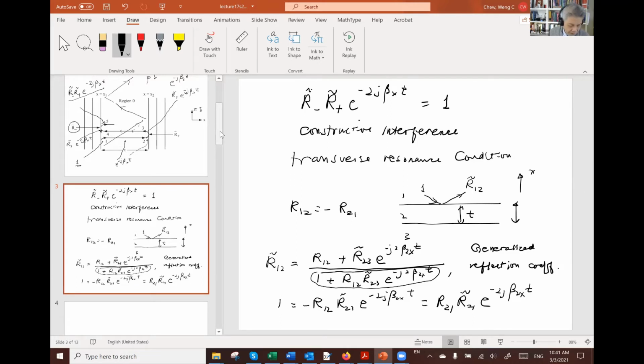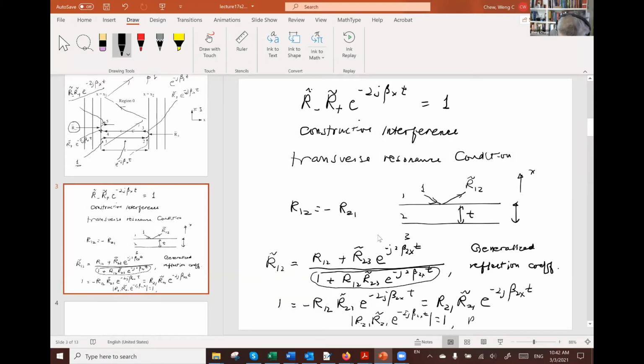Okay, are there any questions on this? And you can easily see that in order for this condition to be satisfied, you need the magnitude of the left-hand side to be the same as the magnitude of the right-hand side. So if you take the magnitude of the right-hand side, it says that this thing has to be equal to 1.